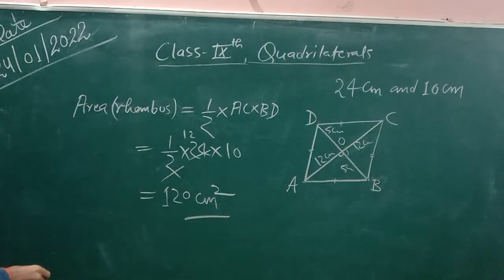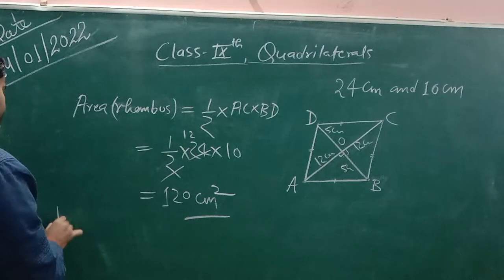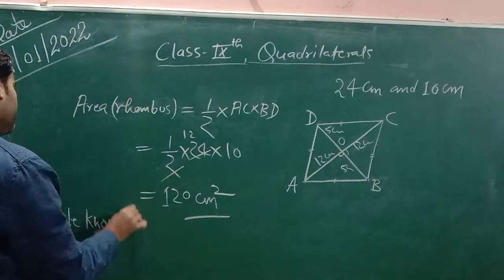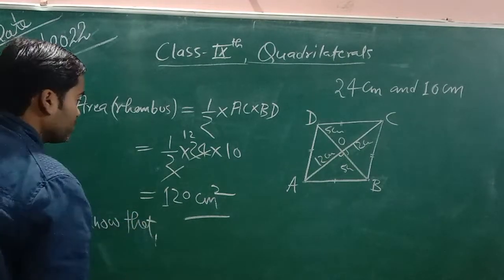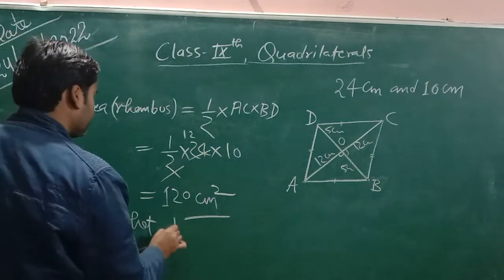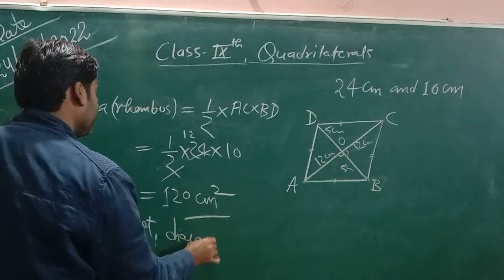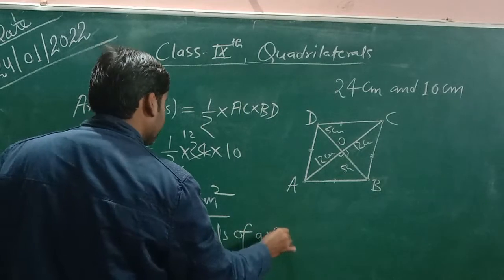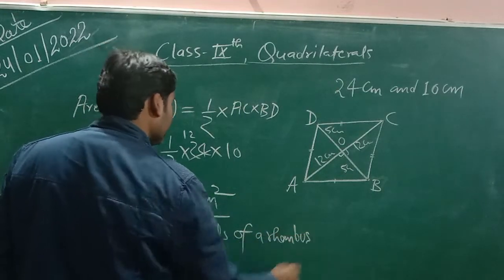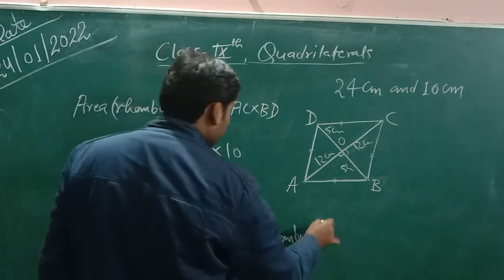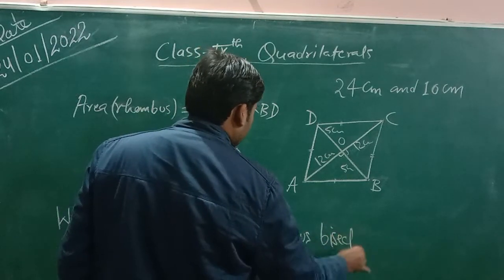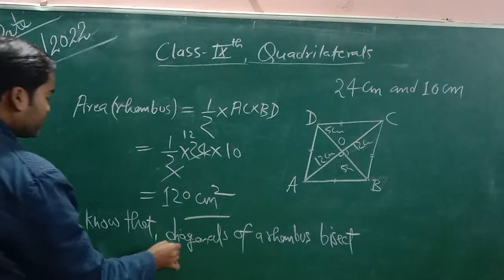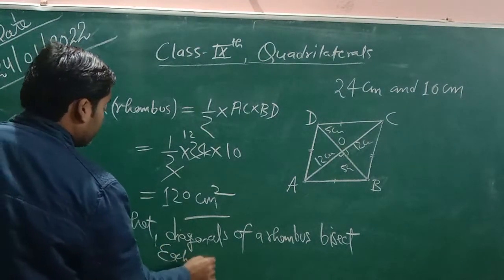So first we'll write this point. We know that diagonals of the rhombus bisect each other at 90 degrees.